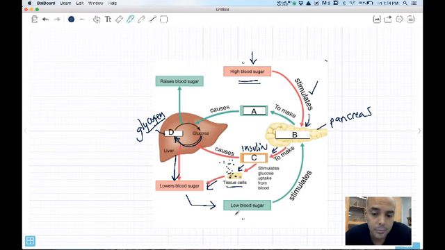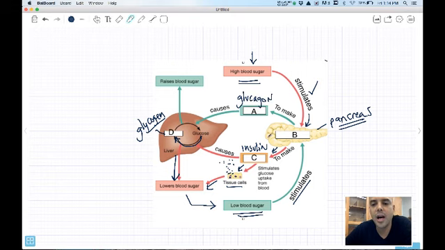Now, if you have low blood sugar and you haven't eaten in a while, that will stimulate your pancreas again, but your pancreas now makes glucagon. Glucagon is sort of like the opposite of insulin. It's the hormone, and what's annoying is its name is like glycogen. Glucagon, glycogen.